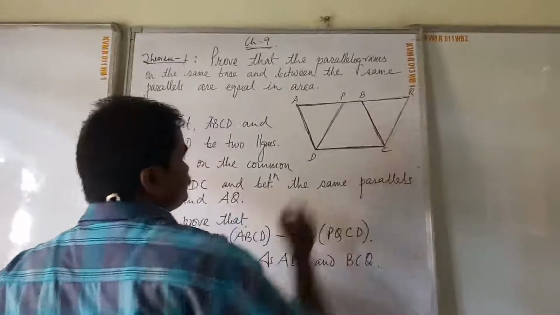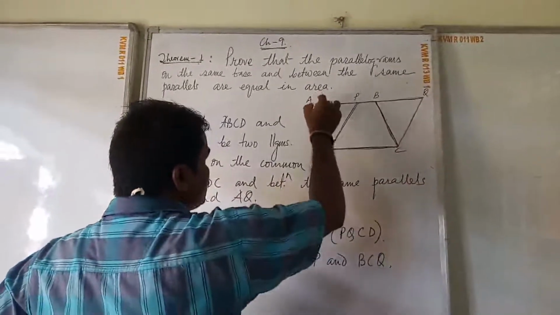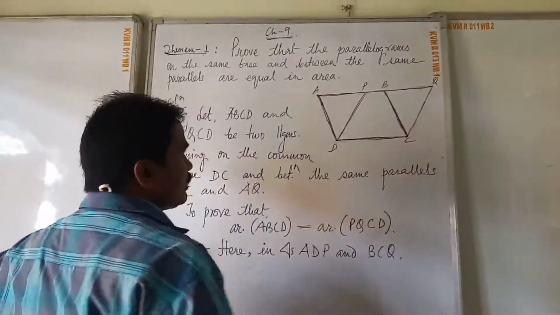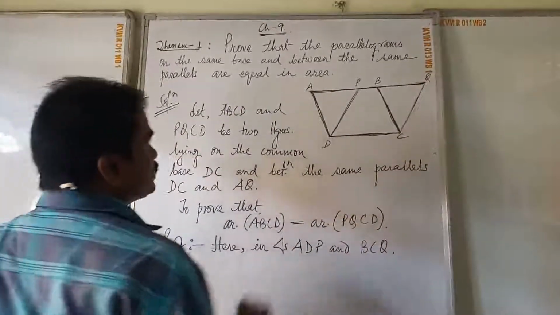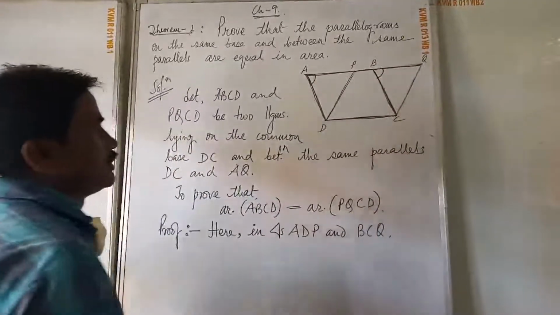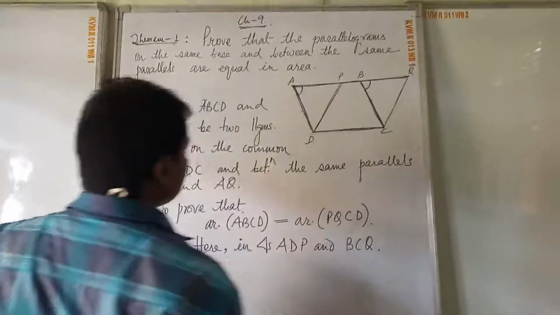In another way, we can say these two lines are parallel because they are opposite sides of a parallelogram, and this is the transversal. So in that case, these angles are equal, corresponding angles.